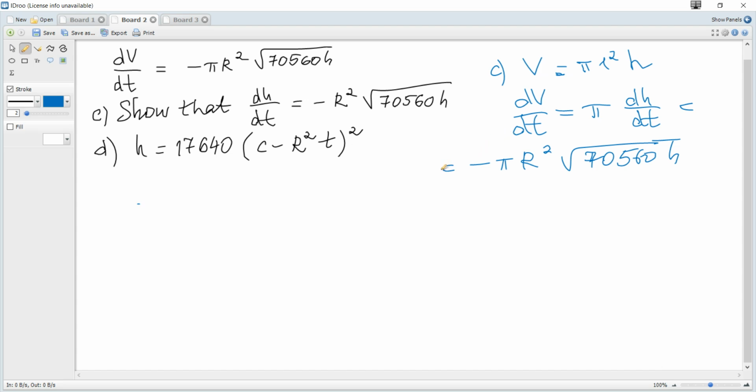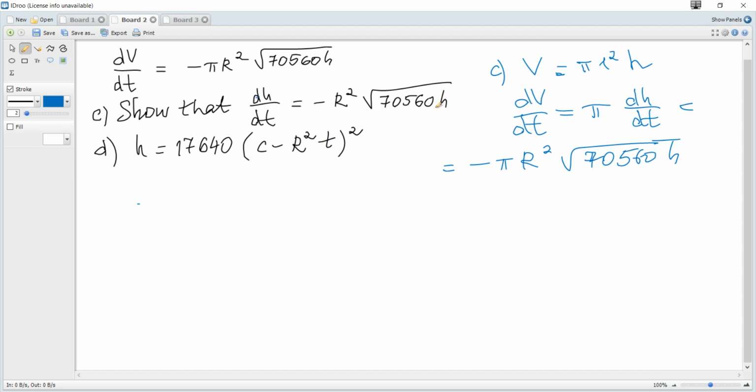The next, d. By solving the differential equation, dh over dt is negative R squared times root h, so we need to solve this and show that the general solution is given by h is this. And how to solve this differential equation? By separating variables.